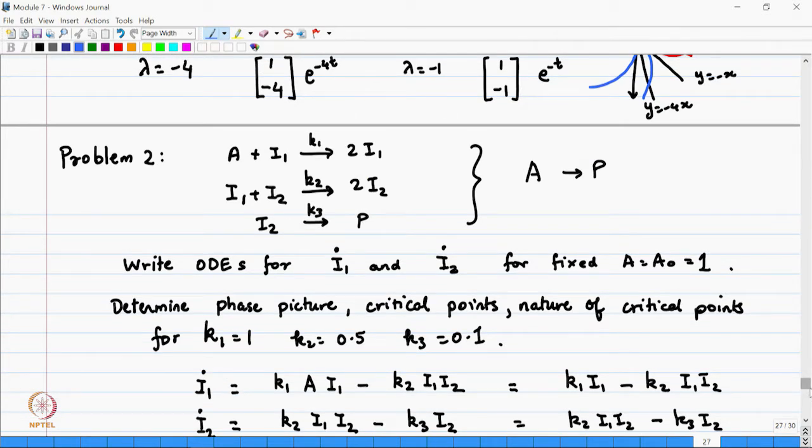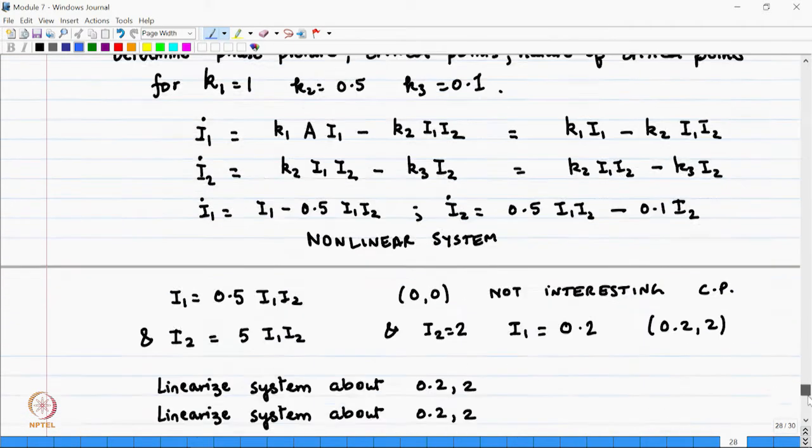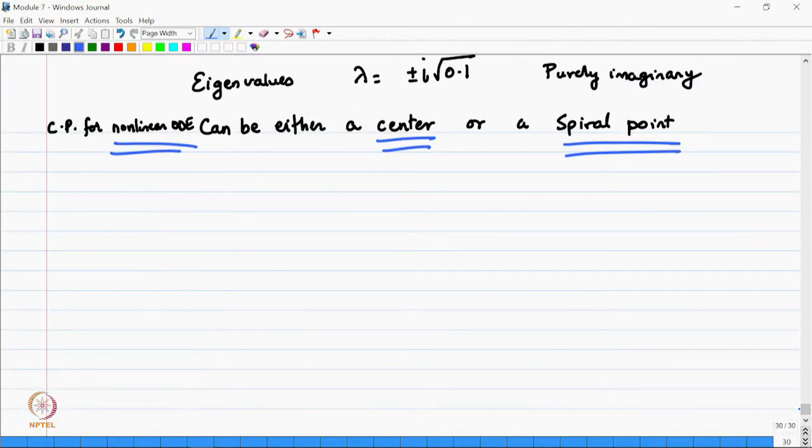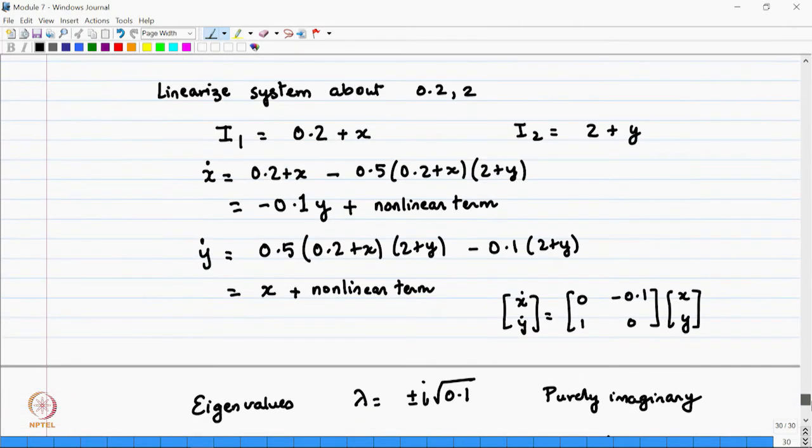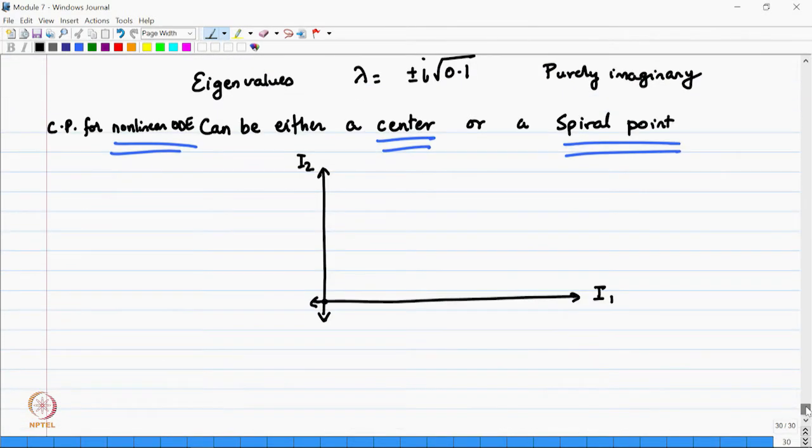So what does the phase picture look like? Okay. So let us just try to draw some characteristics of the phase plane. I1, I2, okay, the 0, 0 is a not so interesting point, but the other point is given by I1 that is 0.2 and I2 that is 2.